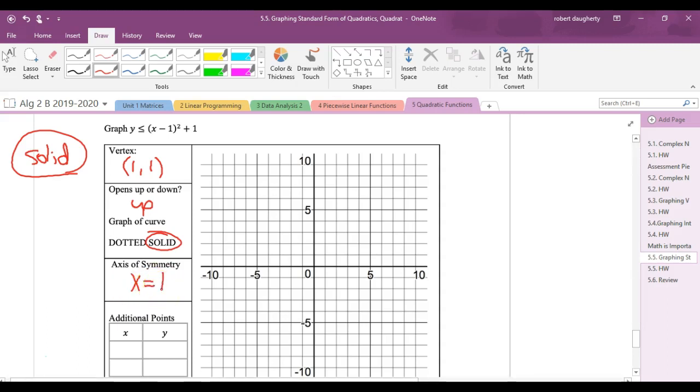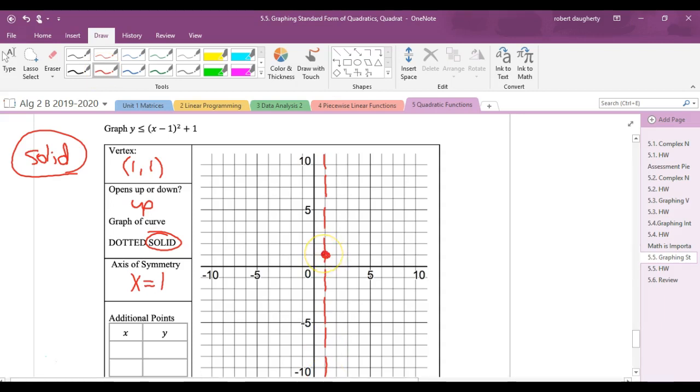Remember, the axis of symmetry is always the same as what value of the vertex? The x value, okay? We're going to be doing that till Christmas. So at this point, I know x equals 1. That's this line right here. The vertex is the point 1, 1.